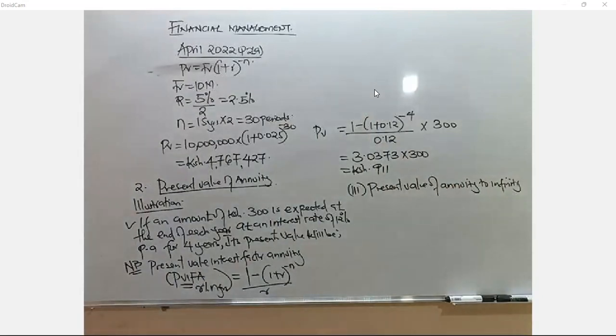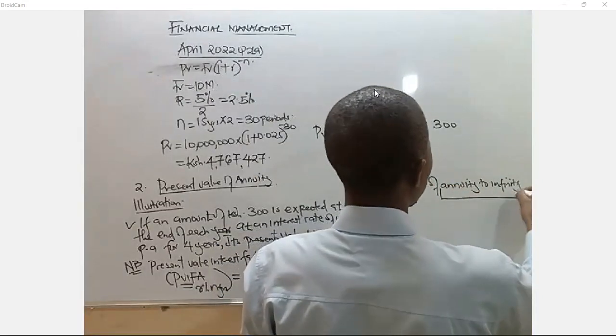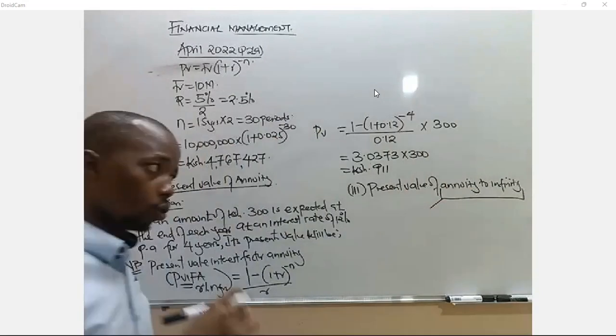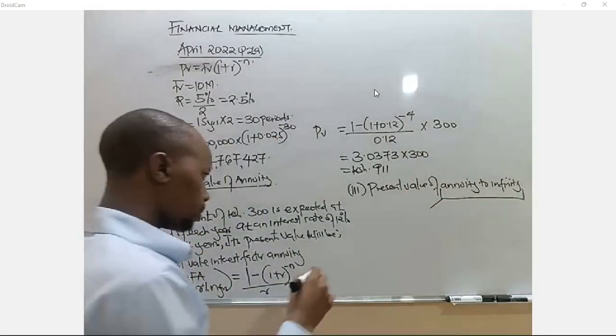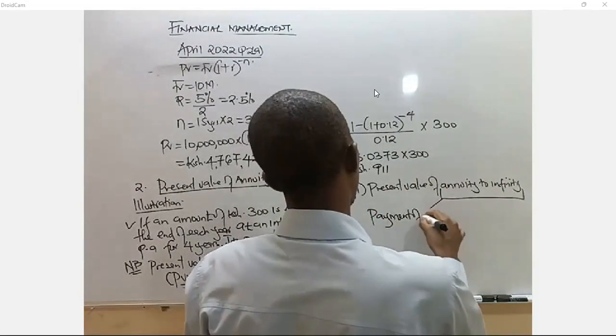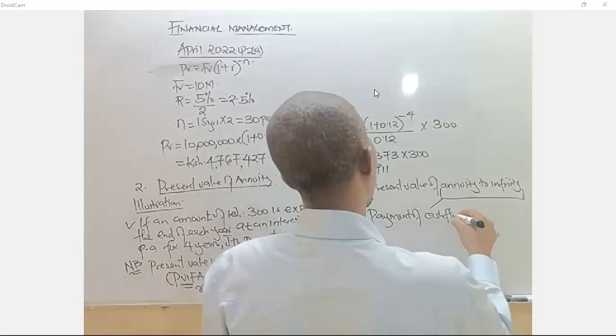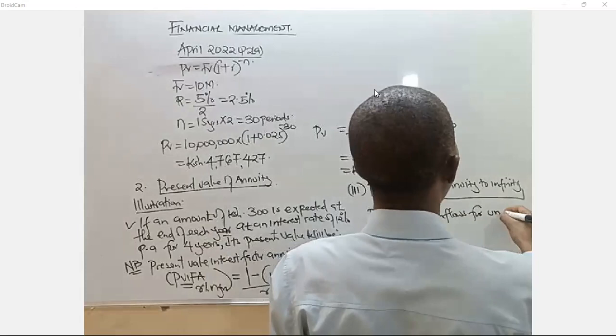When you talk about the annuity to infinity, it means payment of cash flows for an unknown period.